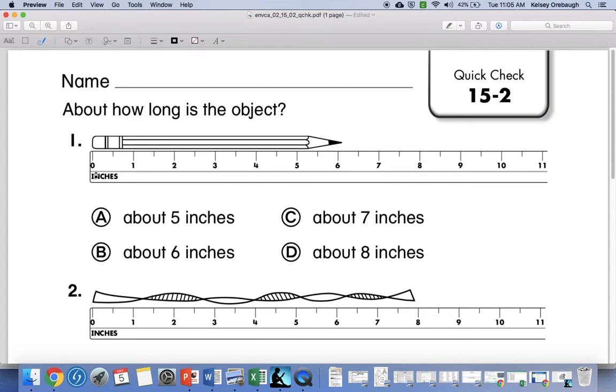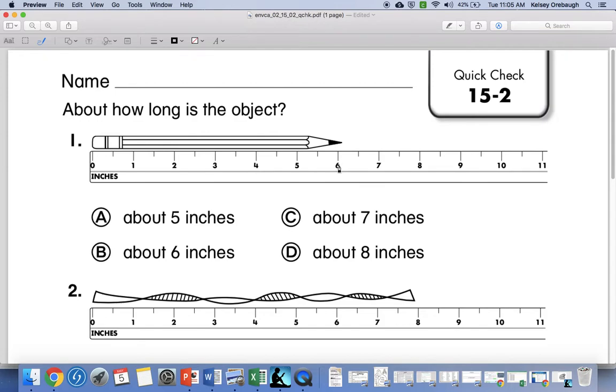All right, so number 1, we are measuring a pencil. Notice that the pencil's eraser starts all the way to the left on the ruler at 0 inches. We can see that the tip of the pencil falls about here, not exactly at 6 inches.